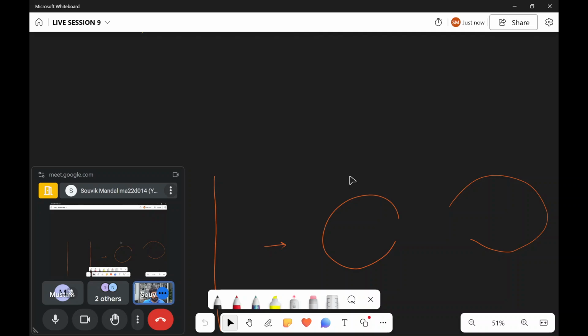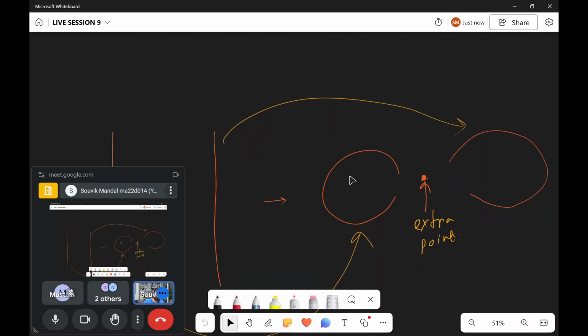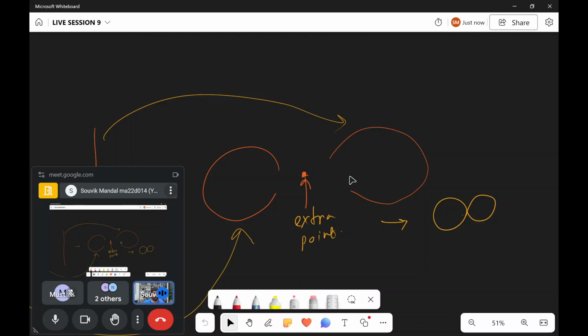Now the first line corresponds to the first figure, the second line to the second figure. Now if we put the extra point here, then it will be this union this, so the figure is this.